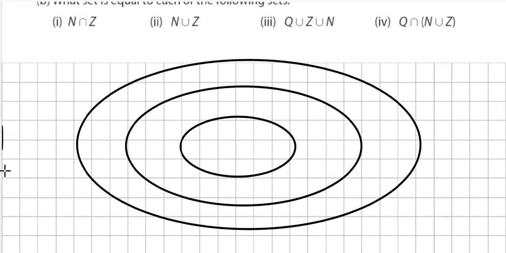Now, in the middle is the smallest one. Which one's the smallest? N, Q, or Z? N, because N only allows positive numbers. So that'd be like 1, 2, 3, and 4. Okay? Now Q, who's bigger, Q or Z?